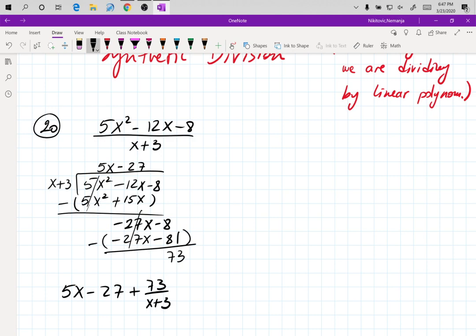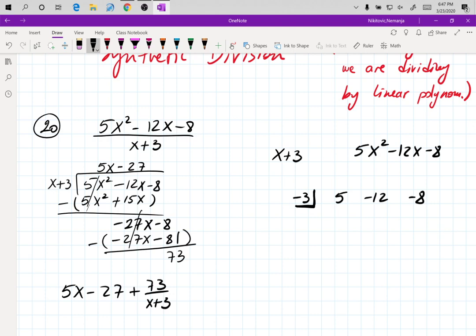However, synthetic division allows you to do this way faster. You have x plus 3, so in this special box over here, you will put negative 3. We'll explain that stuff later. The polynomial is 5x squared minus 12x minus 8. You will put 5, negative 12, and negative 8.